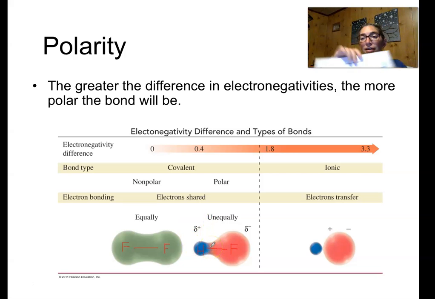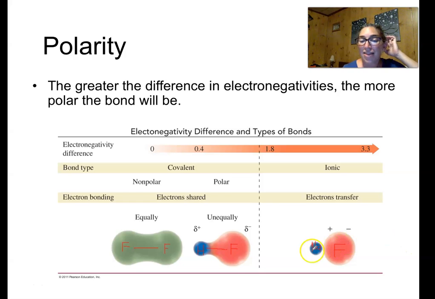Remember, hydrogen, although it's on the left side of the periodic table, is still a non-metal, so it still forms a covalent bond. But if that fluorine gets together with a metal like sodium, then it's such a big hog, such a big electronegativity difference, that it actually pulls an electron away from sodium, and it becomes negatively charged, the sodium becomes positively charged, and they end up getting together through ionic bonding.